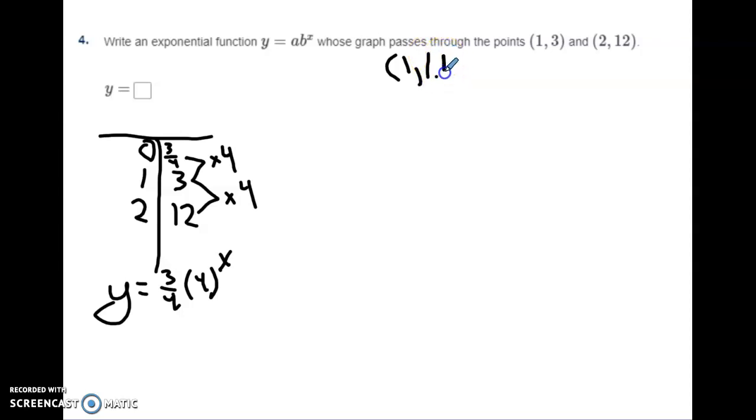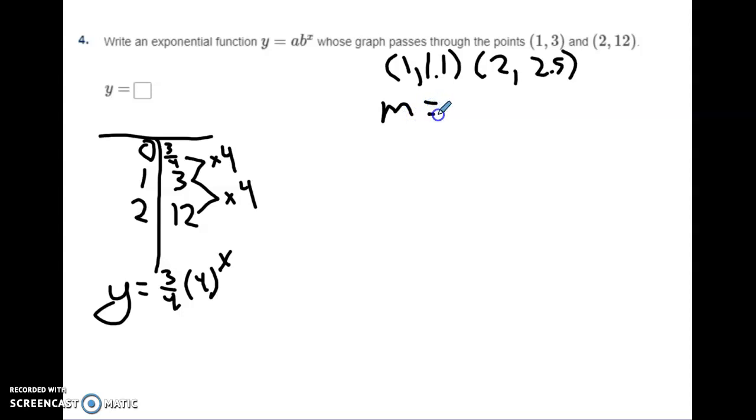I'm just going to round it to 1.1, and that will be close enough. And then the point (2, 12), I'm going to change to the natural log of 12. Natural log of 12 is 2.5 if I round it. Okay.